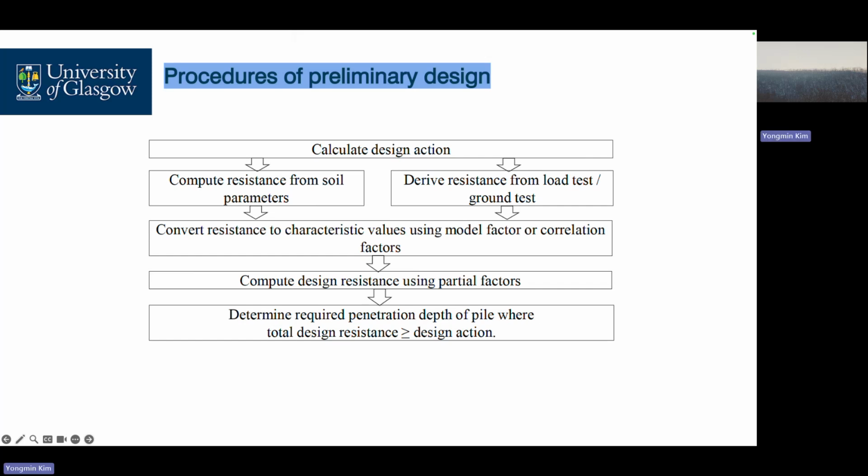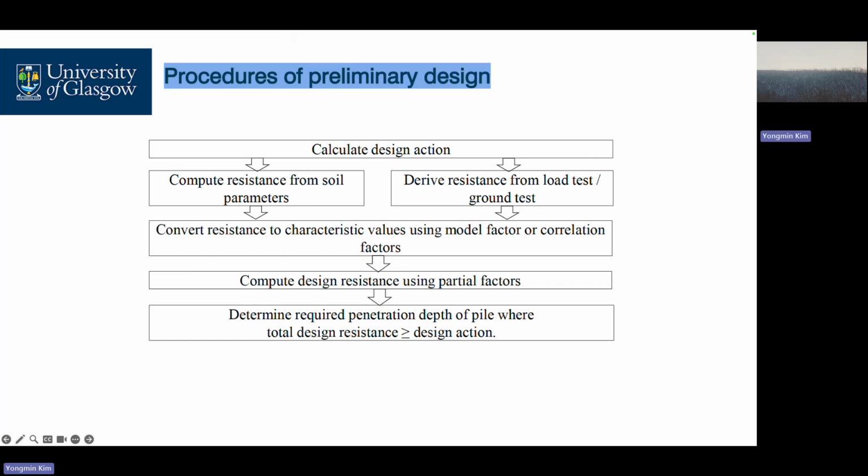Once you confirm your design actions, we calculate resistance from soil. After calculating your soil resistance, then we can factor it to make the characteristic value. Characteristic value is what Eurocode counts.